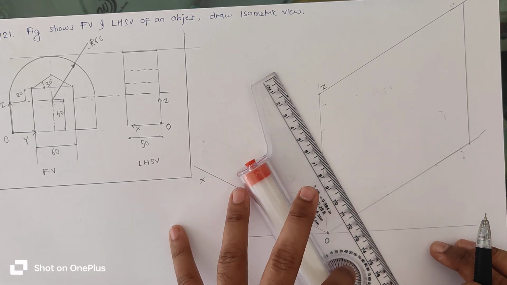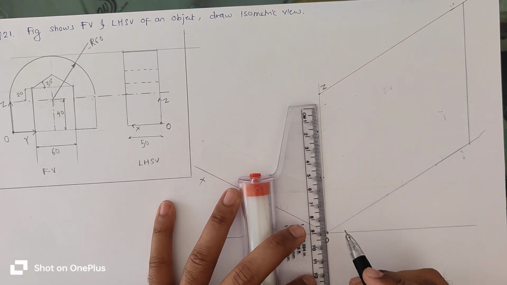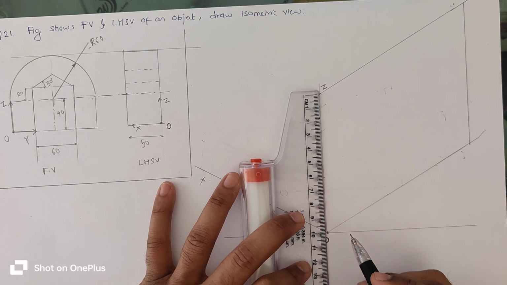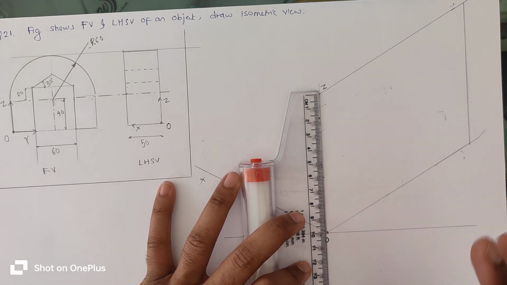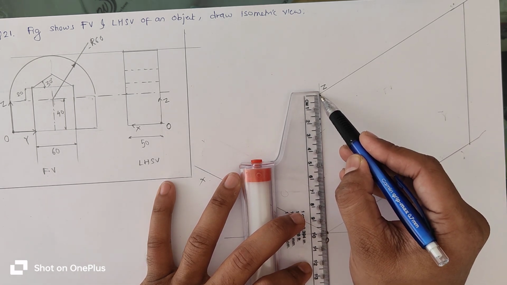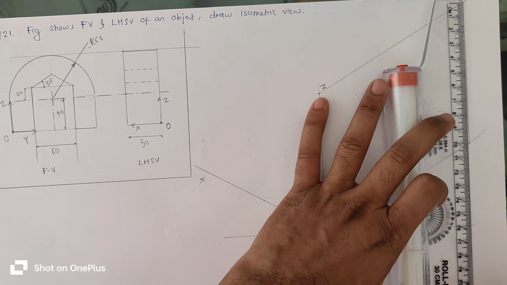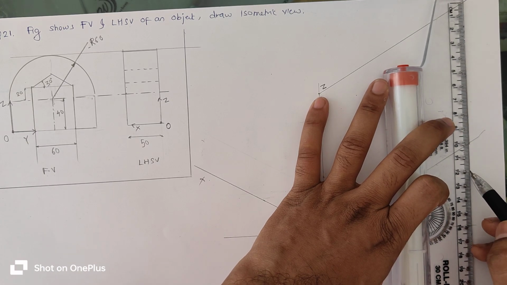Now we have to draw semicircle first here. So for that semicircle we require a rhombus, right? So semicircle has diameter 120, so we will draw diameter of one side of 120. So this is a 120 and from this point 120.